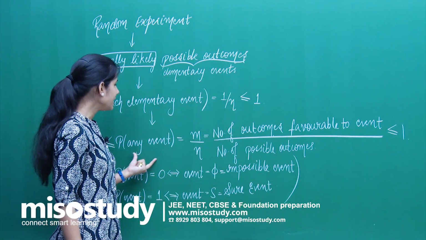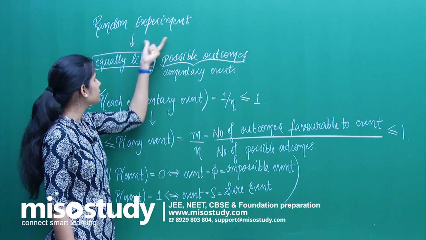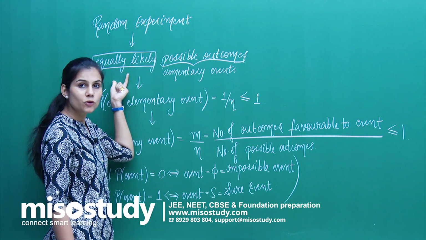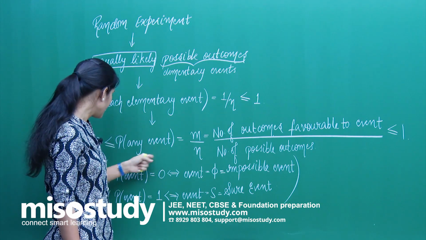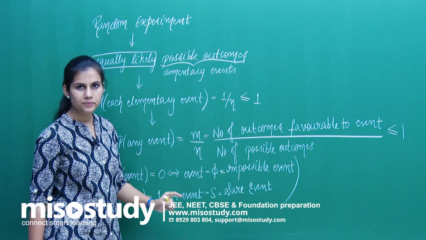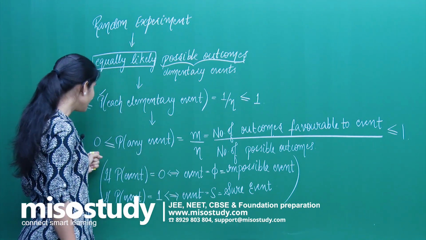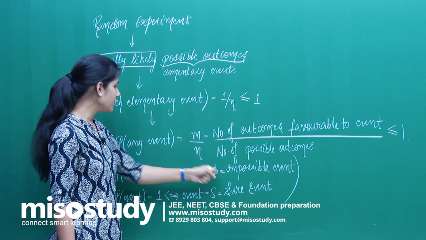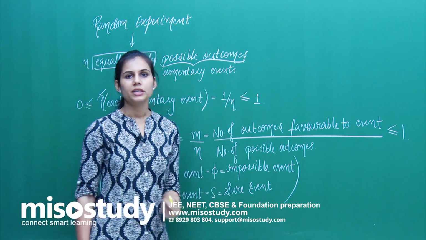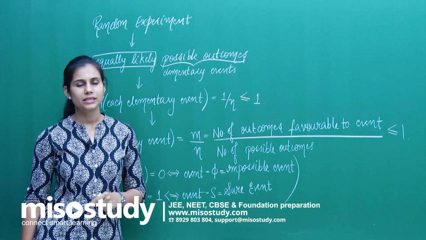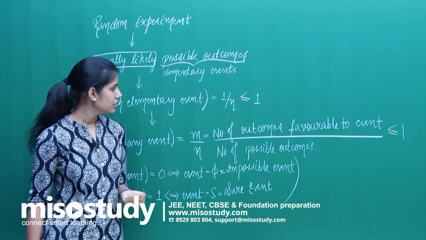So the probability of any event associated to a random experiment with equally likely n outcomes can lie between 0 and 1, and it will be equal to 0 when the event is impossible, and equal to 1 when the event is equal to the sample space or the sure event.